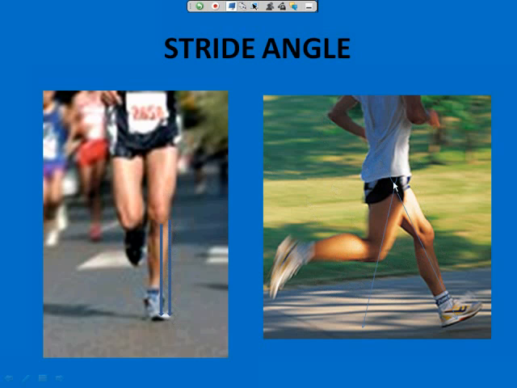So you start at the greater trochanter laterally, draw a line straight down at the tibial tuberosity, or the inferior patella, coming straight down that femur, down to the ground. Then you measure from the lateral trochanter, down to the medial femoral condyle, coming down to the medial malleolus.